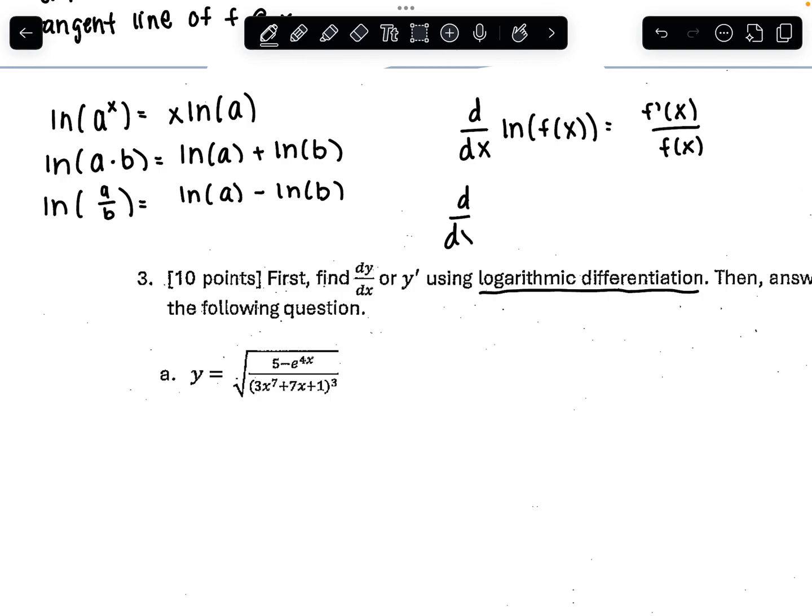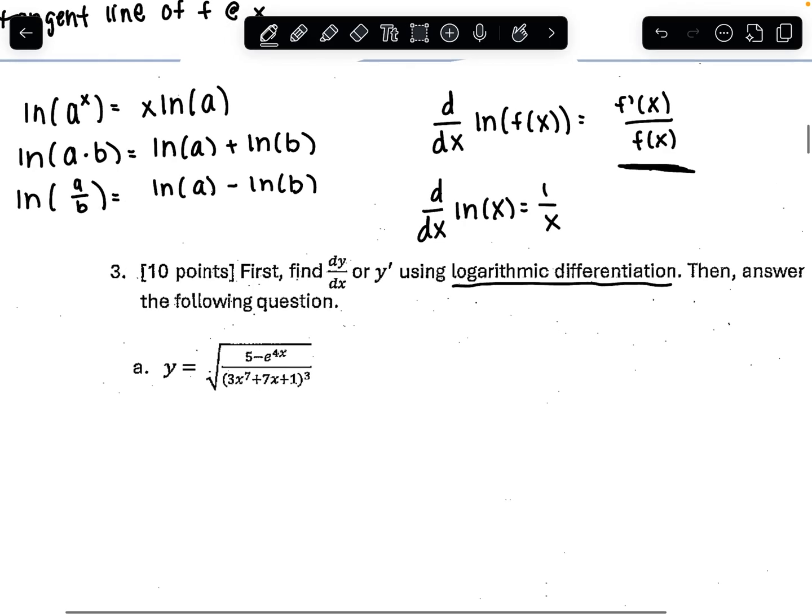We know that the derivative of just ln of x is 1 over x, but don't confuse this with any other function. If the inside function is not x, we don't know that its derivative is 1 over x. So please just use this as a rule of thumb. So let's do a bunch of log decomposition here.